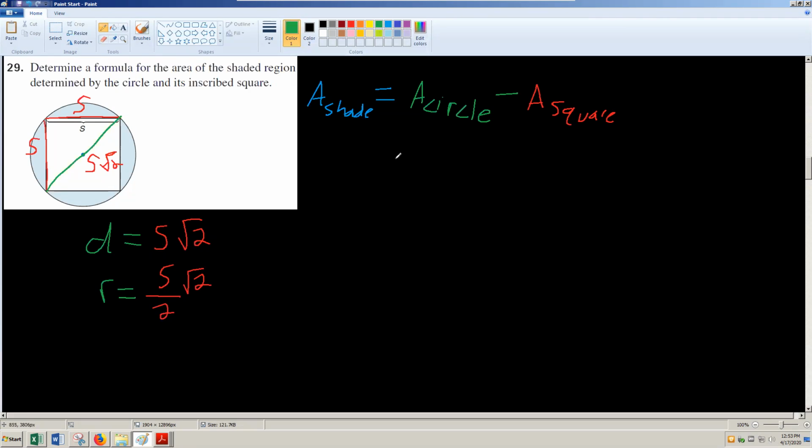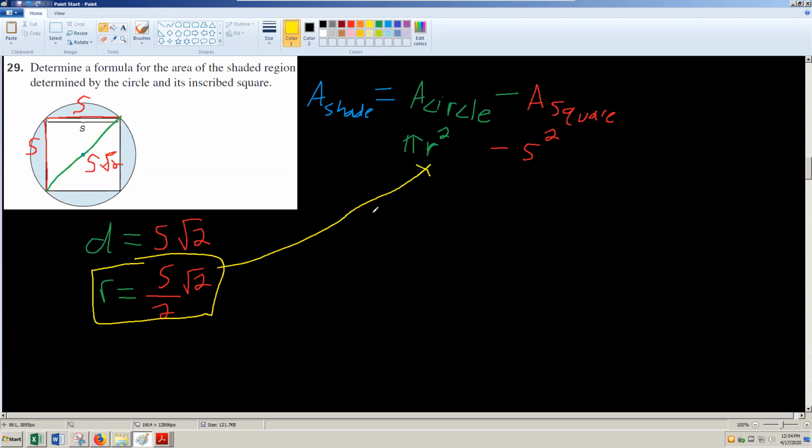So my area of the circle is going to be pi r squared. And the area for the square is just going to be side squared. So for this, I'm going to plug in my radius here. So now everything is in terms of s's. So I would say I get pi times s square root 2 over 2 squared, and then I've got minus my s squared here. So I'm going to just do this out.